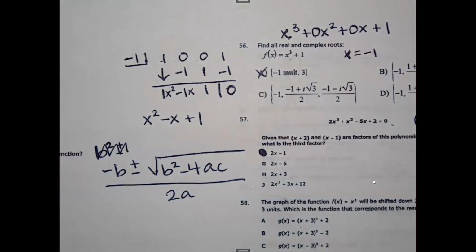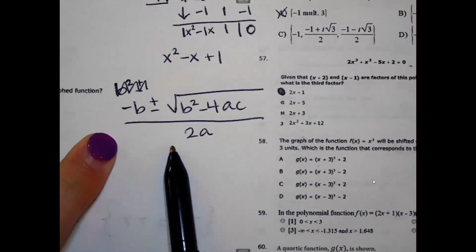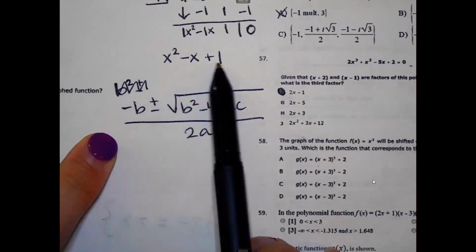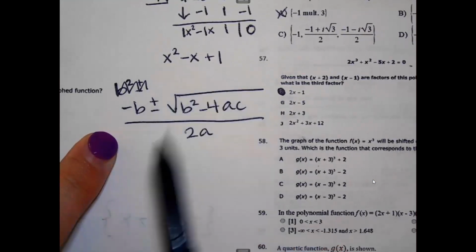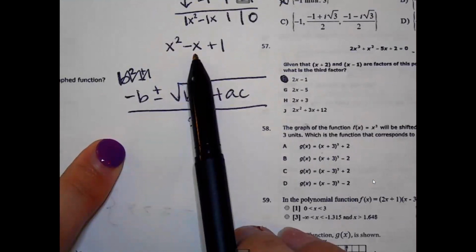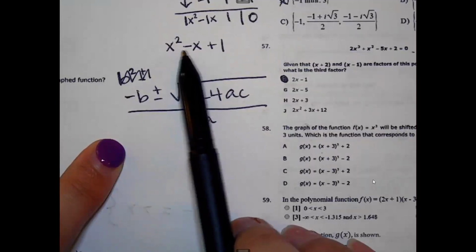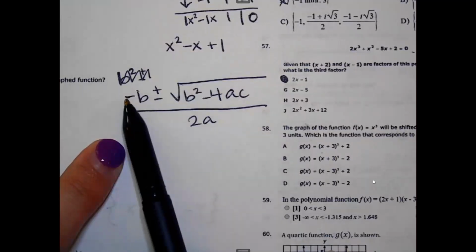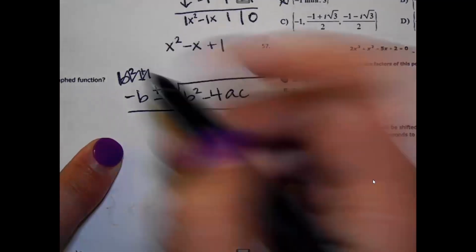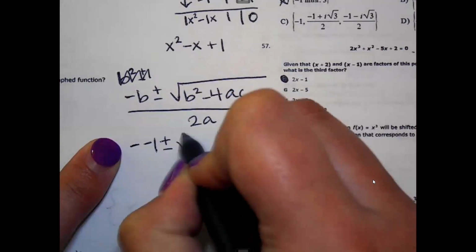Okay, so if this is the quadratic formula, and this is the quadratic that we're working with, what should I be writing first? You're close. +1. So we have a negative in front, so we should have negative of -1, which makes a +1.